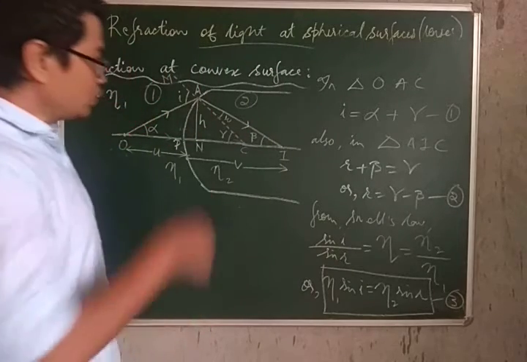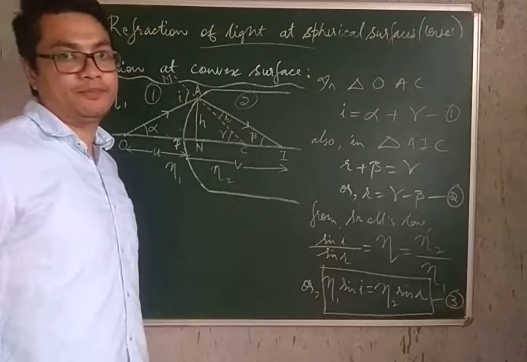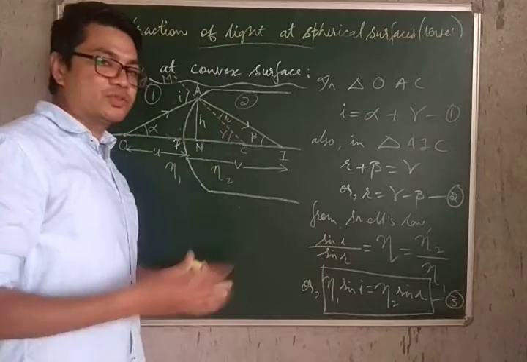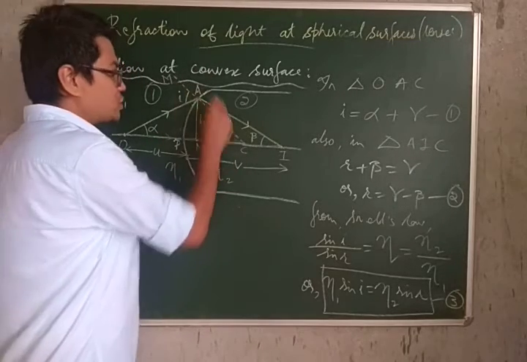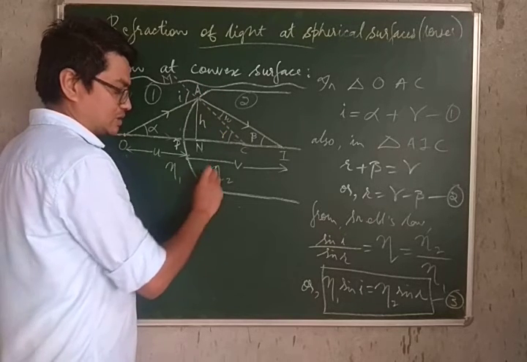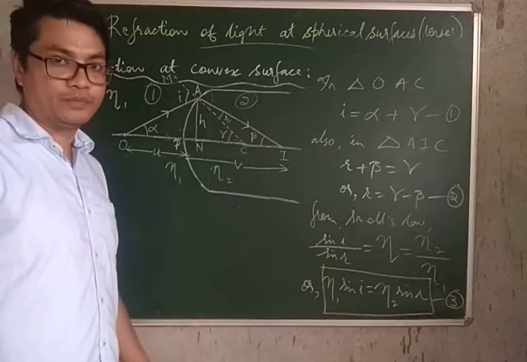Okay, now what we do is we consider spherical surfaces having a very small aperture. Now what is the aperture of a spherical surface, or of lenses? Aperture is the distance between the two extreme points. So this distance between the two extreme points is what is called the aperture.